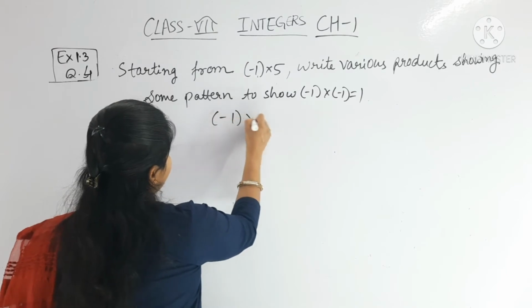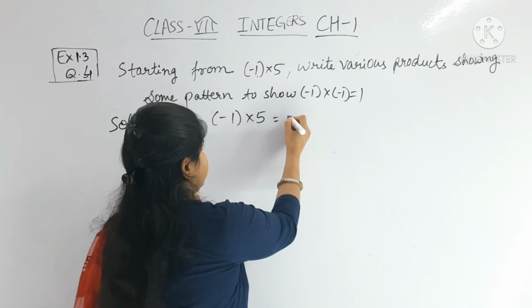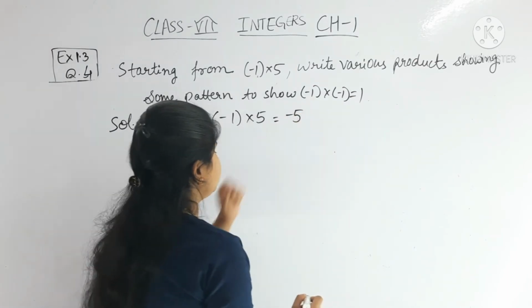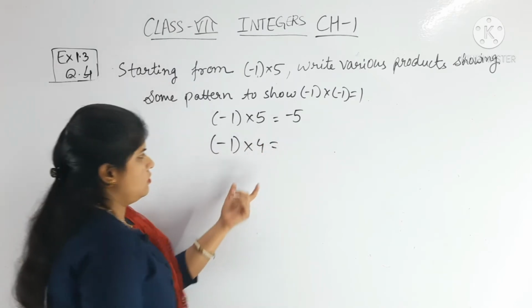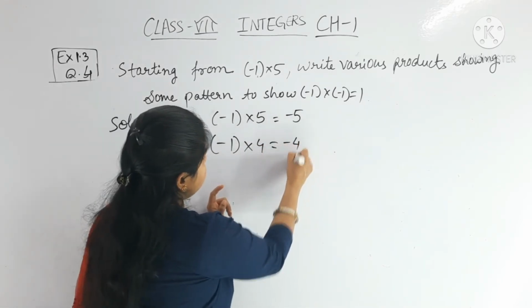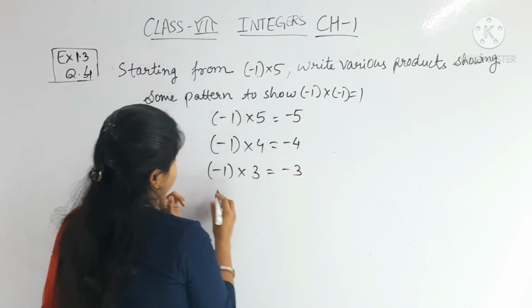Minus 1 into 5 is, plus minus is minus, so minus 5. Minus 1 into 4 is minus 4. Minus 1 into 3 is minus 3.